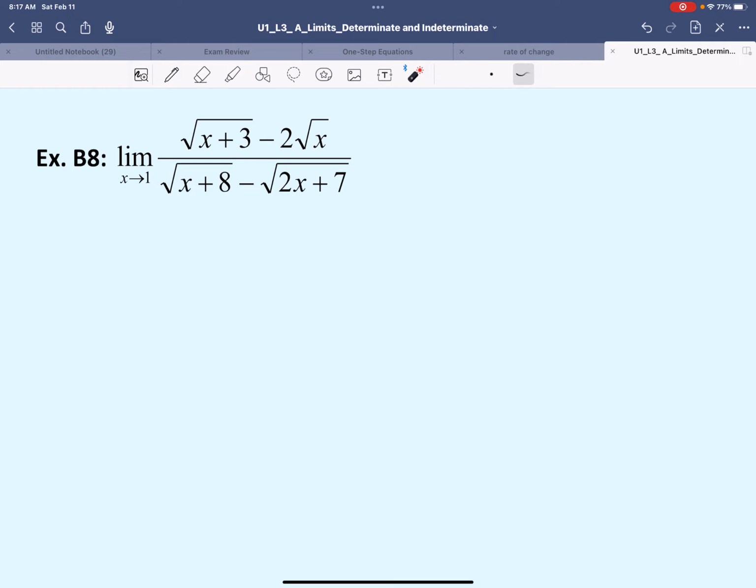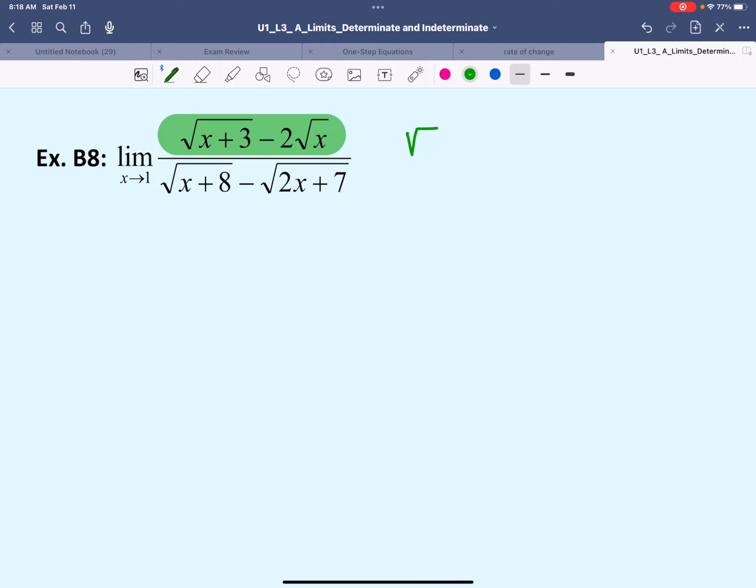So what that means is that we will have to multiply by the conjugate of the numerator, both the numerator and the denominator. So this is how it's going to work. This is our numerator. We'll have to multiply the numerator by its conjugate.